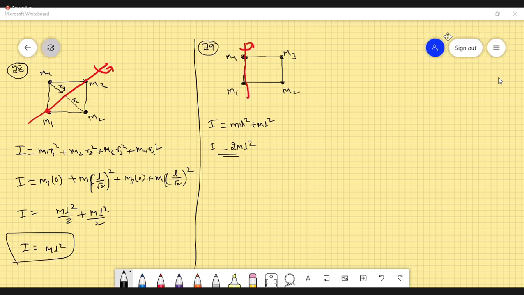This axis of rotation is along any one side. You have to consider the distance from the axis of rotation to the point. So from here to here the distance is L, and similarly from here to here the distance is also L. Okay, sir.